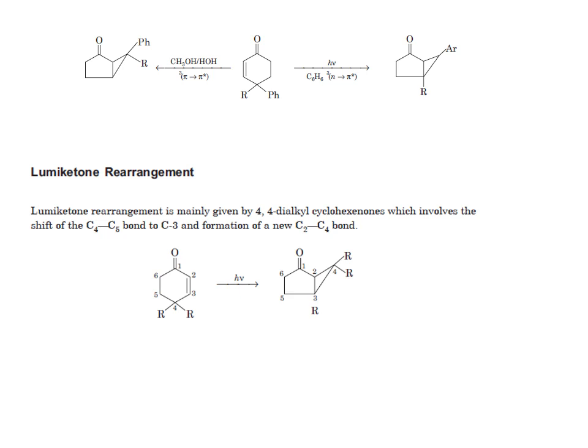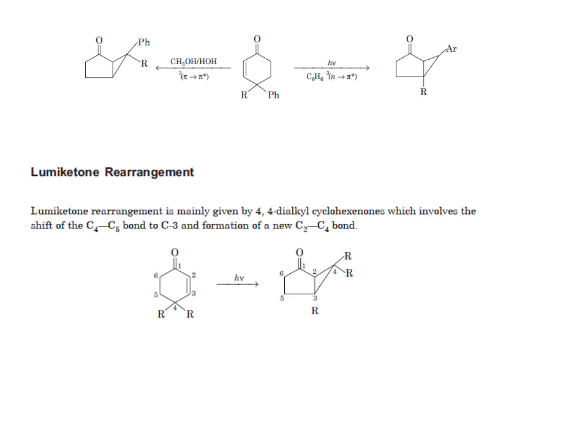And this is supported by the observation that a 4-alkyl-4-aryl cyclohexenone undergoes rearrangement with aryl migration in benzene, that is a non-polar solvent, but with ring migration in aqueous methanol, that means a polar protic solvent.